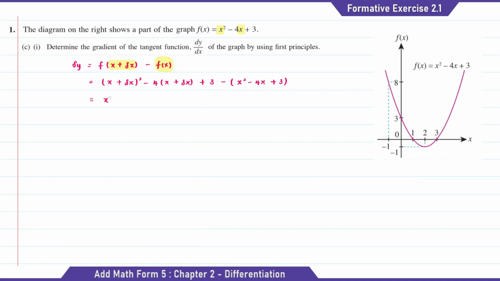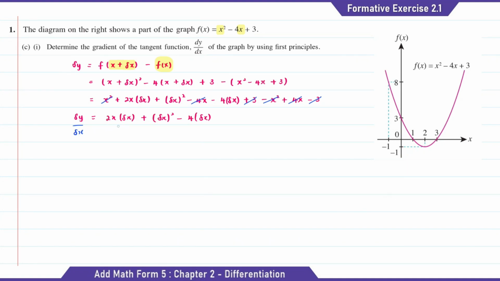Expand this, we're going to get x squared plus 2x delta x plus delta x squared minus 4x minus 4 delta x plus 3 minus x squared plus 4x minus 3. So here x squared minus x squared will be cancelled. Negative 4x plus 4x will be cancelled. Positive 3 minus 3 will be cancelled as well. Then this will be the delta y.